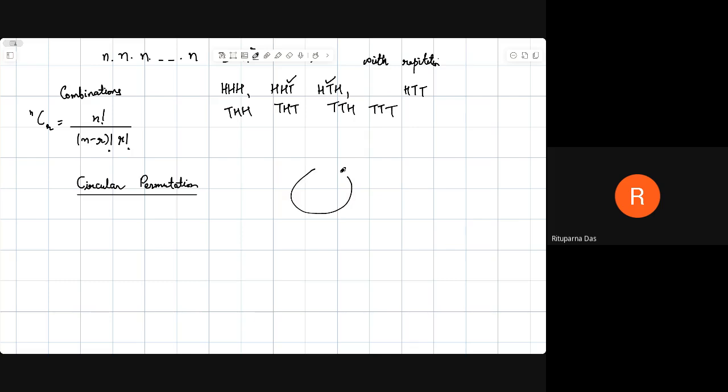So say this is a circular arrangement, and there are, say, n points, right? So one has, this is one, okay. So how many places can one be placed? One can be placed in n minus 1 places.